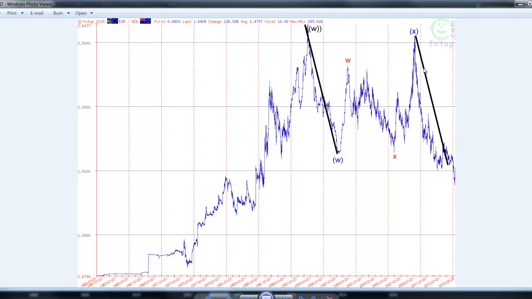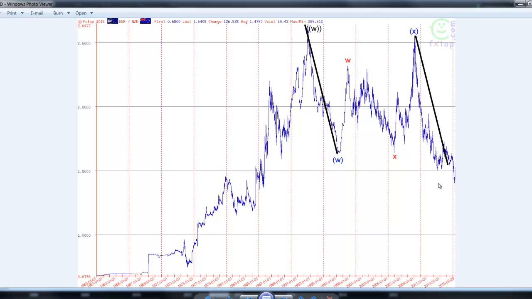However, if we look at the internals, this last leg here doesn't look very pretty, right? If you calculate the 50% of this rally, the 50% is around 1, if you subtract and then divide by 2.